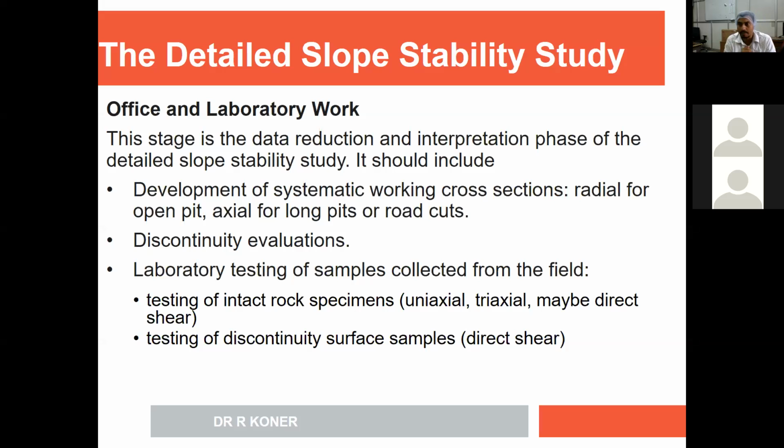But if we have a geological discontinuity in the sample, then we have to test it in direct shear. We have to place that geological discontinuity between two plates so that we can estimate the shear strength characteristics of that discontinuity.